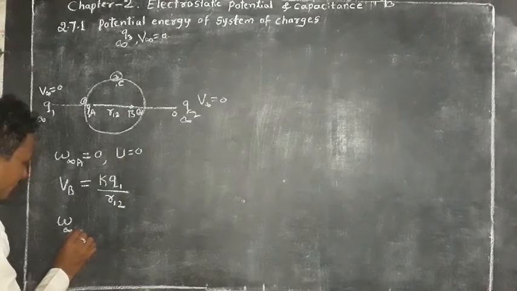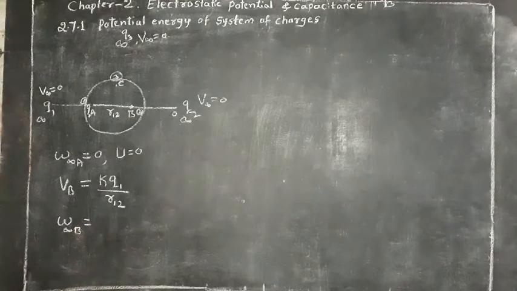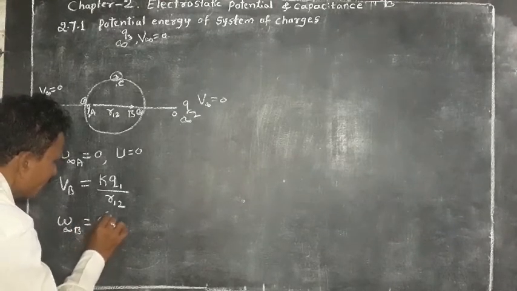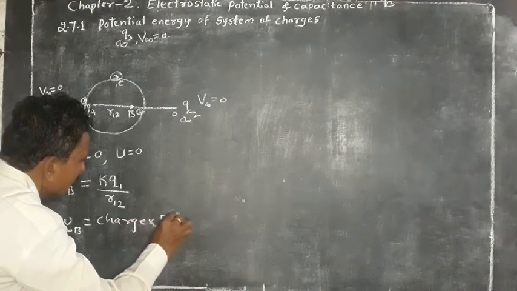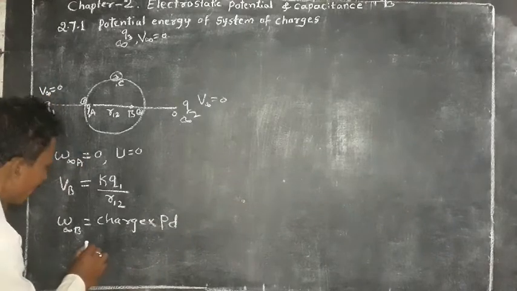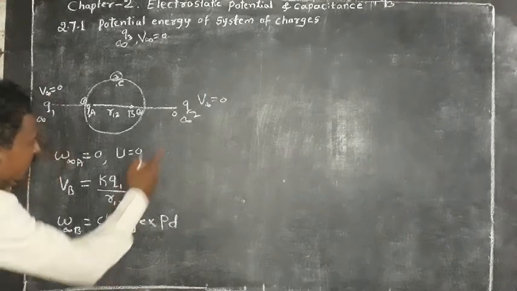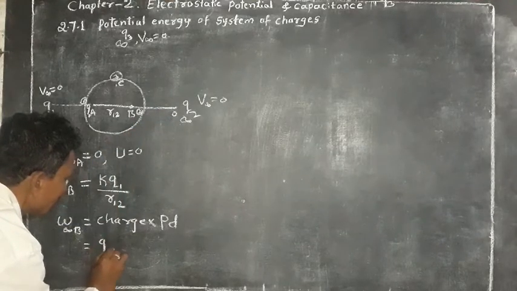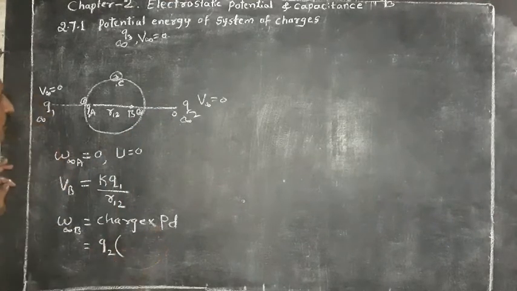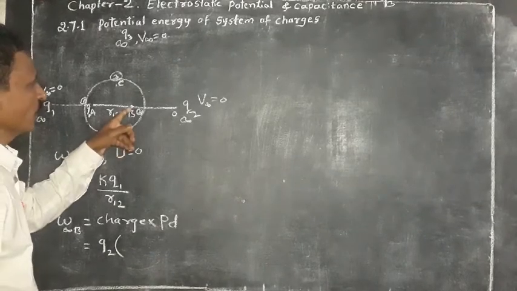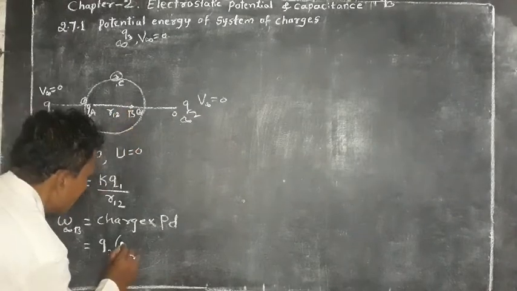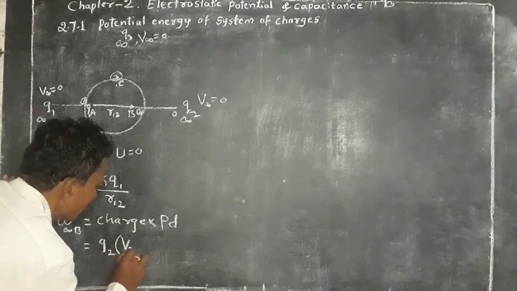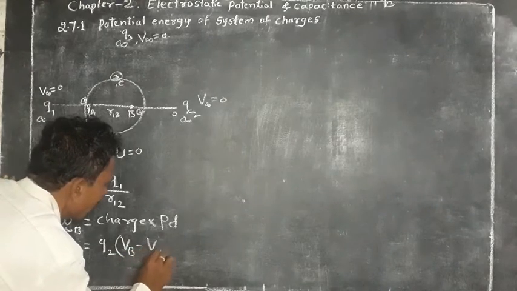Then, according to the definition, work done in moving a charge Q2 from infinity to point B is equal to charge into potential difference, that is Q2 into the potential difference between B and infinity, which is potential at B, Vb, minus V at infinity.